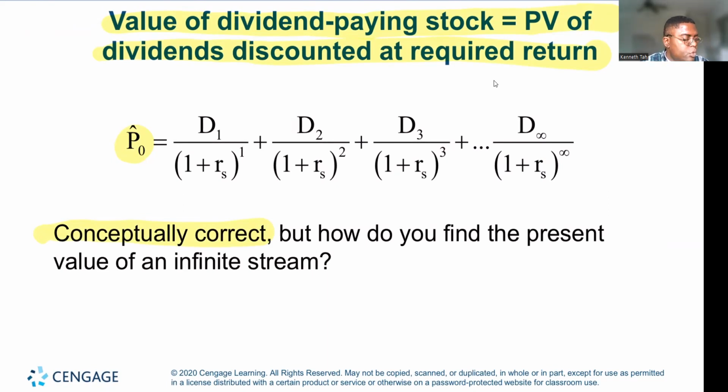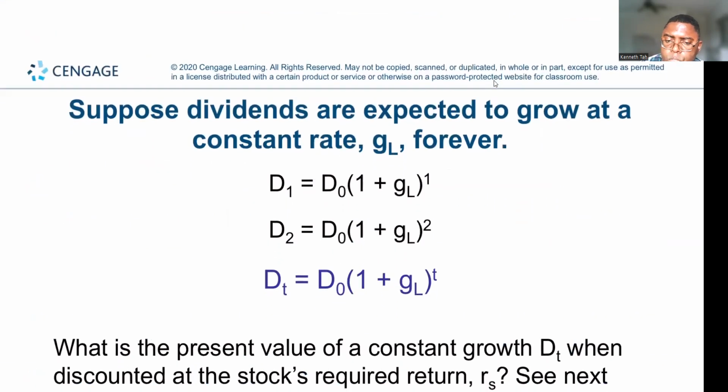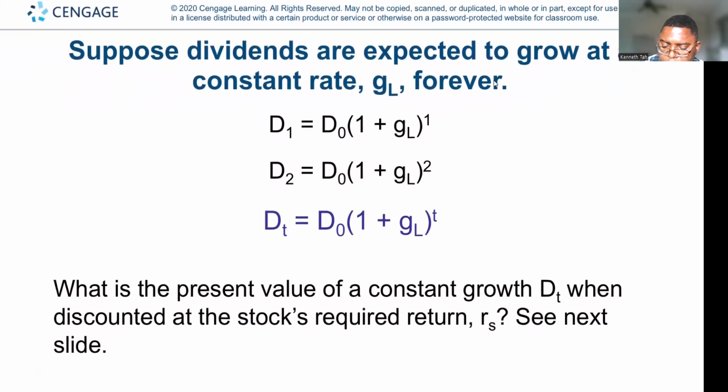So we are going to use mathematical computation to summarize the formula, which is not something we need to know how it is done, but it begins from the idea that if dividend grows at a constant growth rate, and we have D0, which is the dividend that has just been paid right now, it is going to grow by G, the growth rate, raised to the power 1 to give us D1.